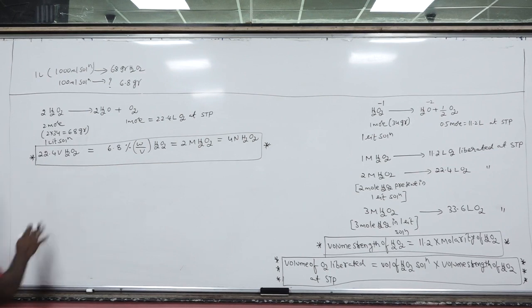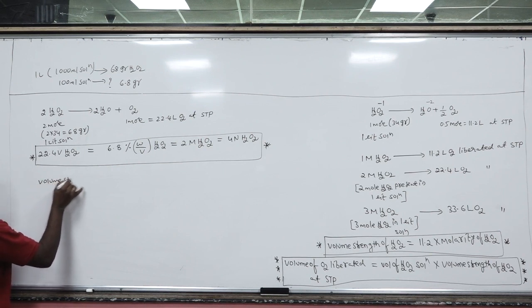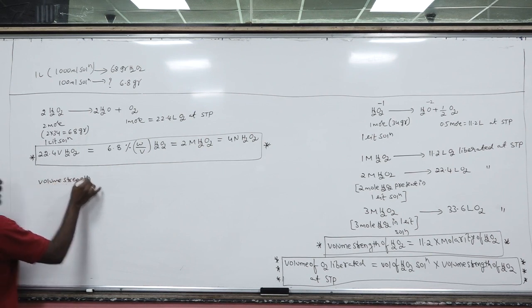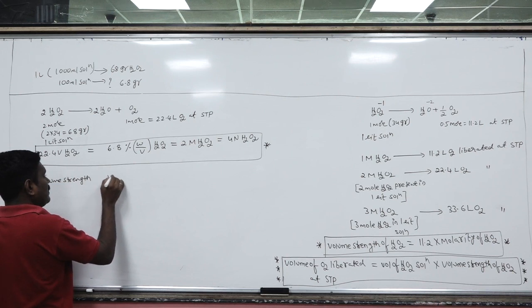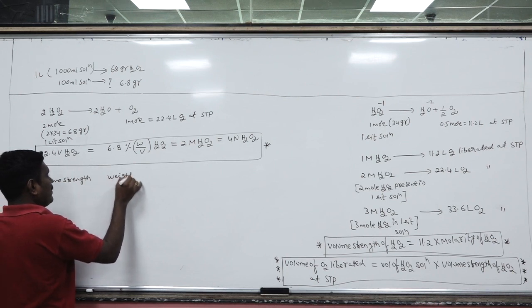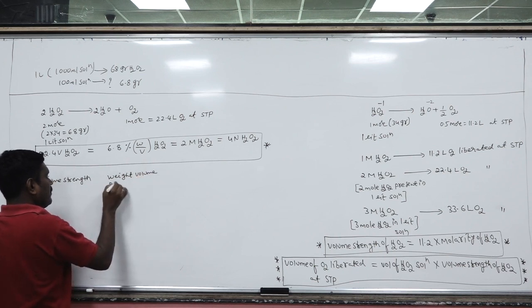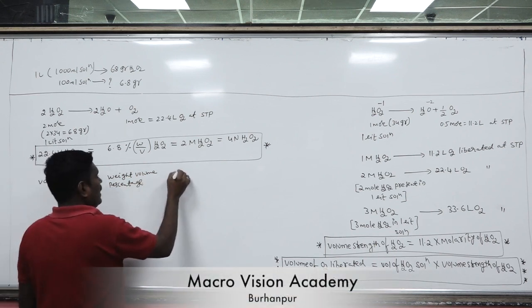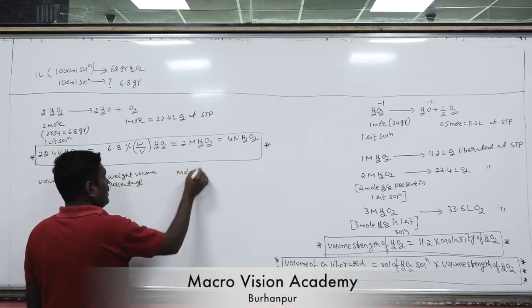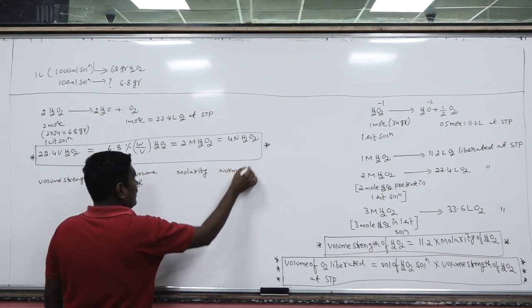Okay. Let's suppose I am writing here volume strength, here weight volume percentage, here I am writing molarity, and here I am writing normality.